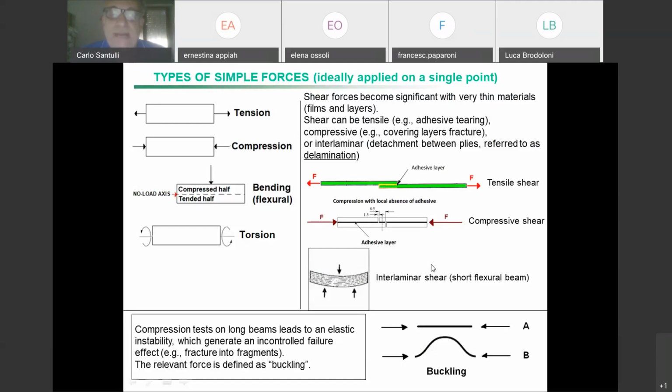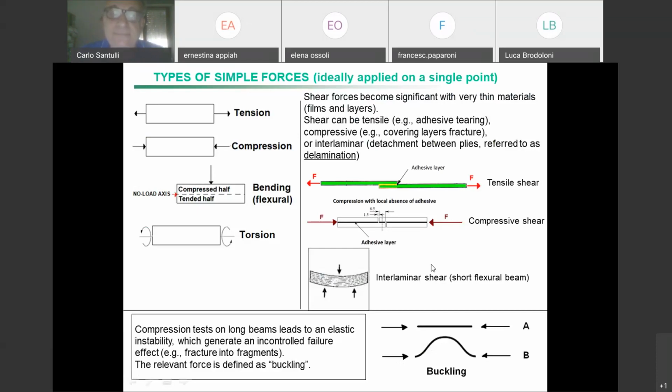Compressive. This is very usual in some practical cases. For example, in the case of the tiny protecting layers covering cell phone screens, they may break by compression because they are compressed, they are squeezed.